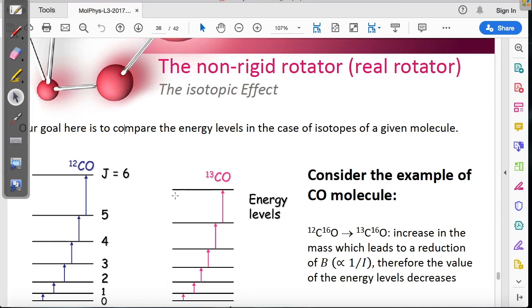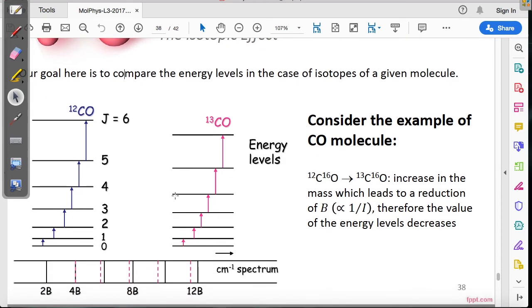So if we have the same atom with a different mass, what would change in both cases? Let's be more specific. Here I have two gases, CO and CO. However, one of the COs has the C12, and the other one has the C13.